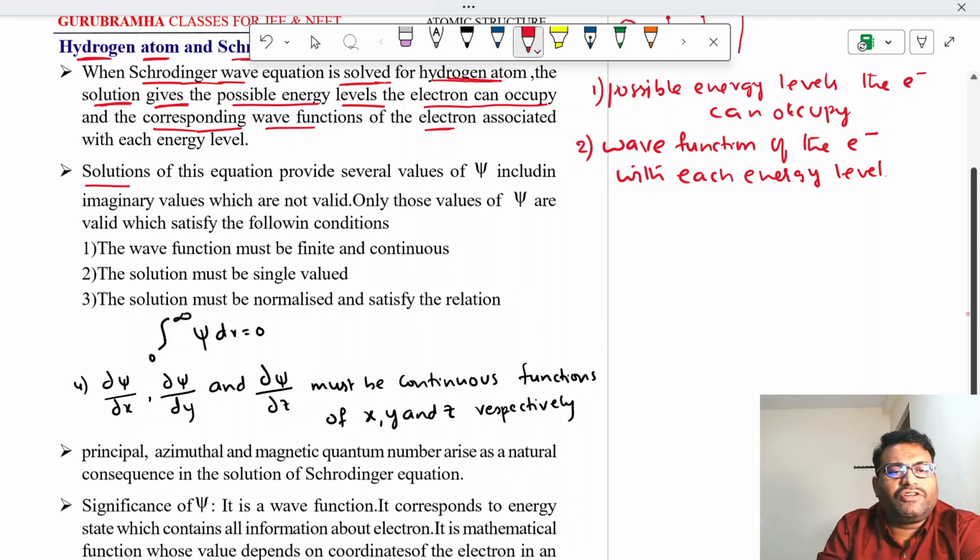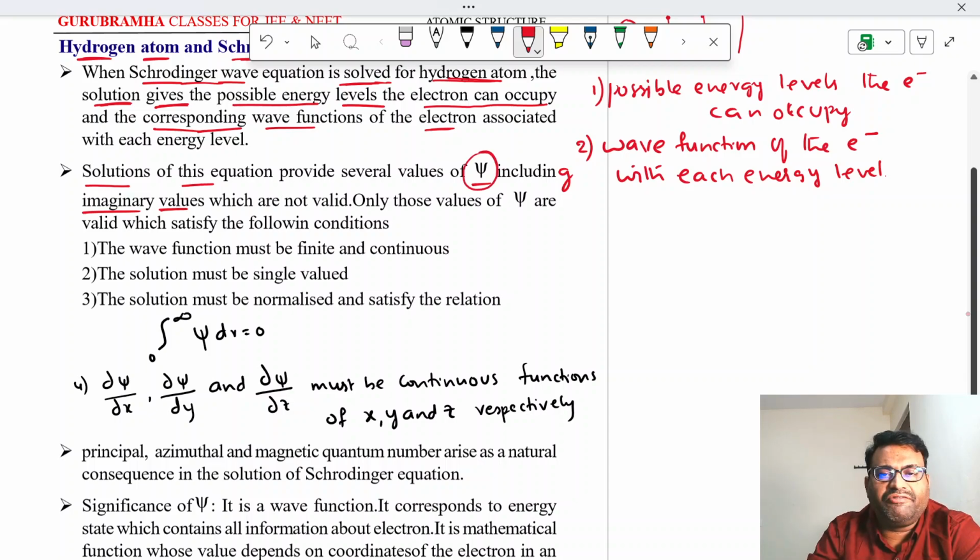The solutions of this equation provide several values of psi, including imaginary values. Already we have studied the wave function of each electron.